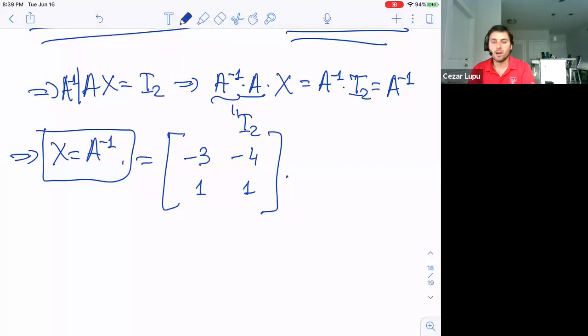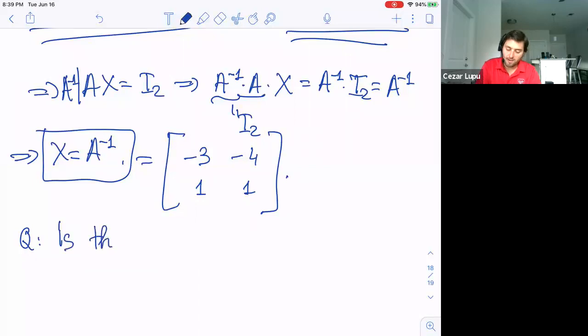I wanted to show this because I don't want you to apply this method again. That's why I did it on purpose. But now, maybe there is another way of finding the inverse. And I'm going to give you another example with a 3 by 3 matrix. But before we go into that, let me answer this question.